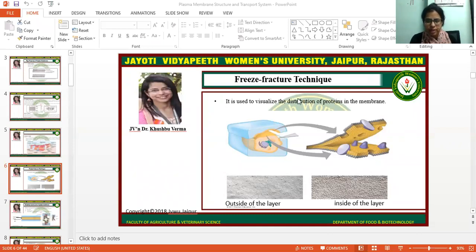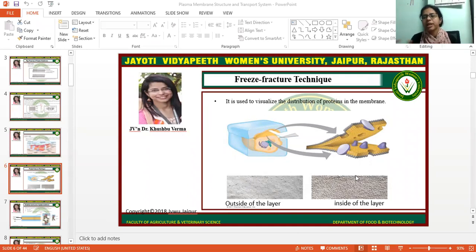Here the freeze fracture technique behaves like this, and it separates the single layer of the phospholipid, and this is the outside of the layer and this is the inside of the layer, where we can simply find the difference between the outside layer and inside layer. The inside of the layer has more bead-like structures, but the outside of the layer has a smooth lipid bilayer.